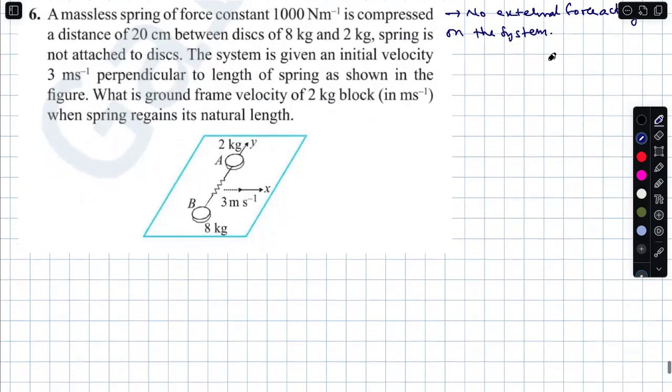Now sigma Py is 0. Y means along the length of the spring.